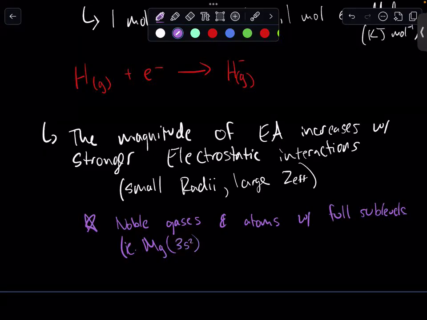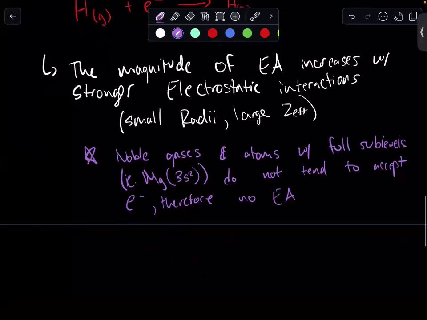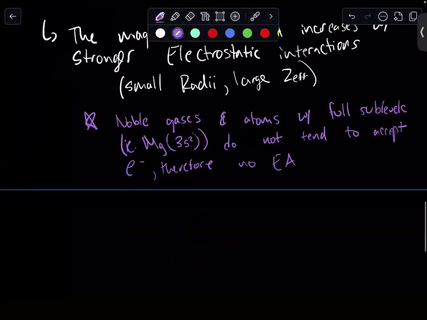So it has a full 3s2 sublevel. These do not tend to accept electrons. Therefore, they tend not to have an electron affinity, mostly because they won't accept the electrons anyways.